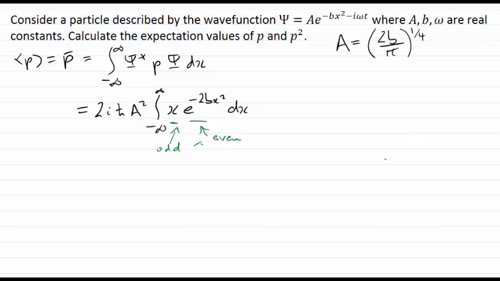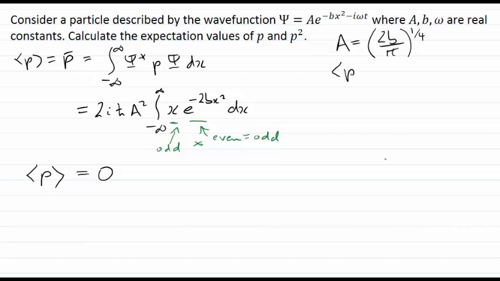So an odd function times an even function will give us an odd function. That means basically as we integrate this on the negative side, we'll get exactly the same value but opposite sign to when we integrate on the positive side. All of that resulting in this integral being exactly 0. So our expectation value for momentum for this wave function here is exactly 0.